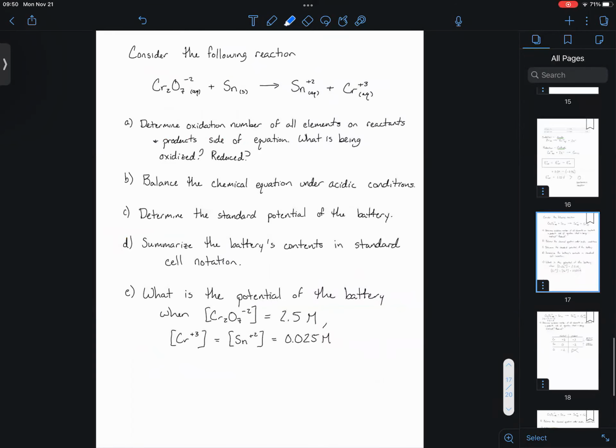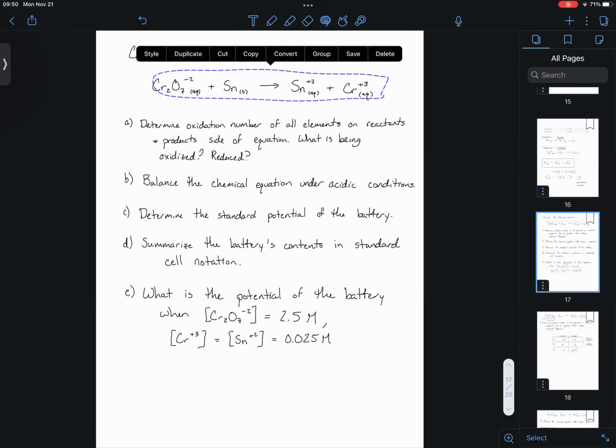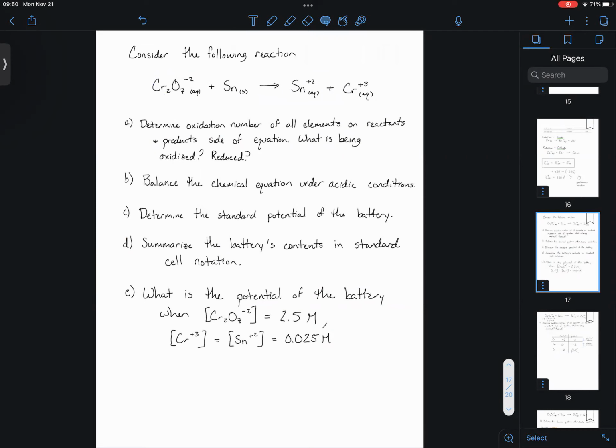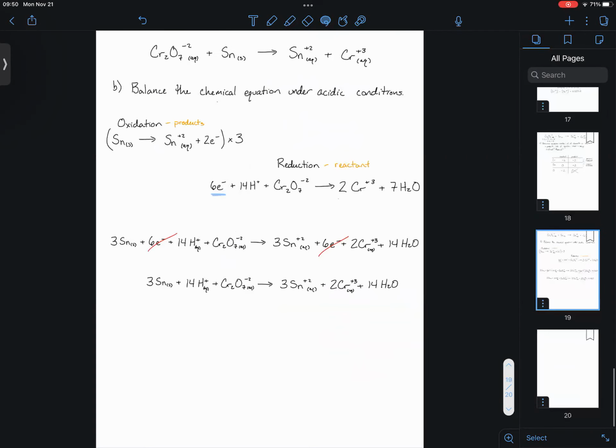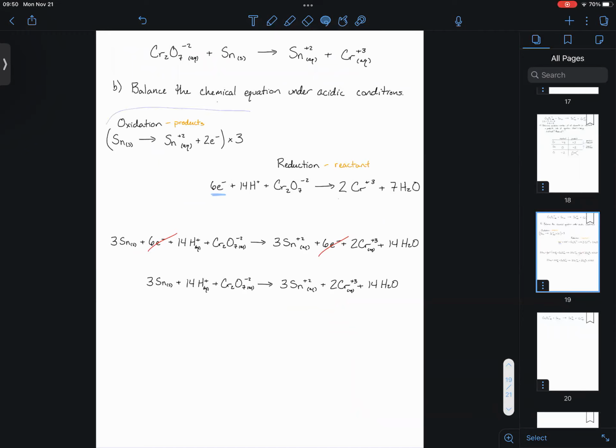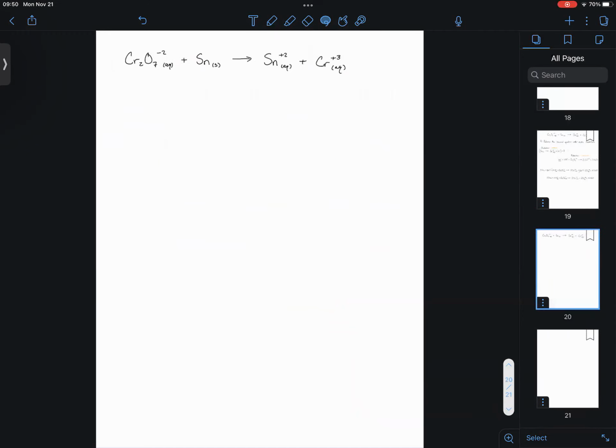All right, so now I want to determine the standard potential of my battery. I'm also going to copy down my 2 half reactions here because that's what I'm going to look up on my table.